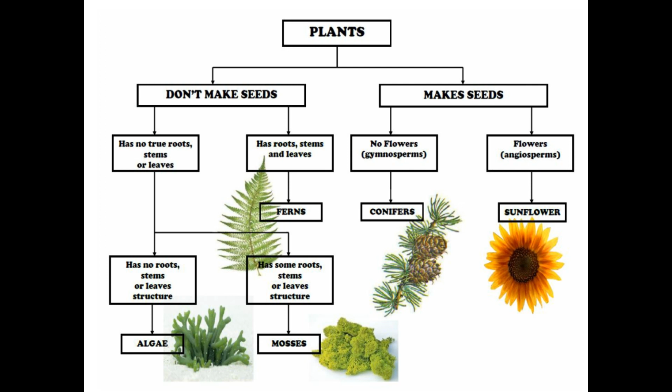Now again, have a look at the plants. We have studied this in detail. Plants are classified on the basis of making seeds. The seed-making plants are further classified on the basis of their flower production as angiosperms and gymnosperms. And plants which do not make seeds are further classified on the basis of having true roots, stems or leaves.